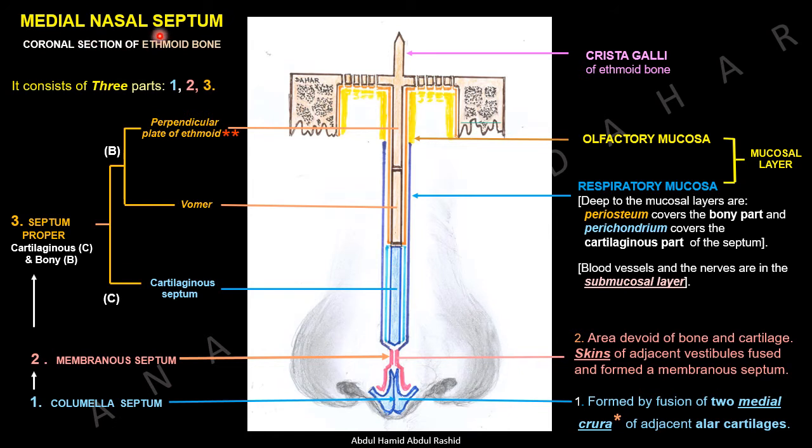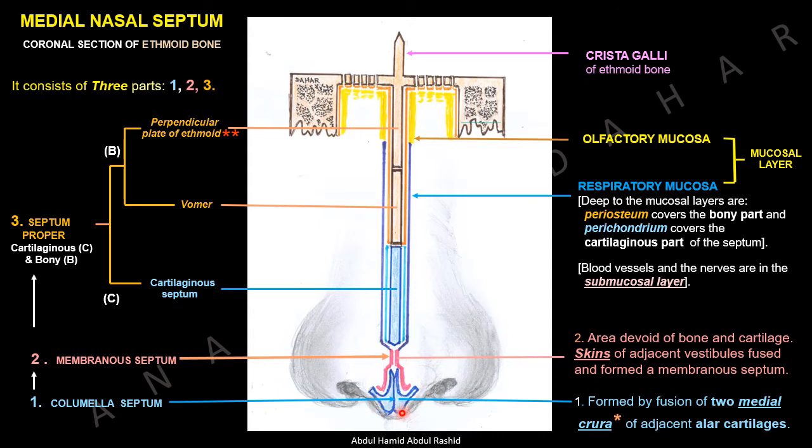Our medial nasal septum consists of three parts: first part, second part, and third part. We start from the first part, which is at the lowest level. The first part is called the columellar septum. Look here, this is the columella of the nose. The cartilages in the columella are the major alar cartilages, which are U-shaped.